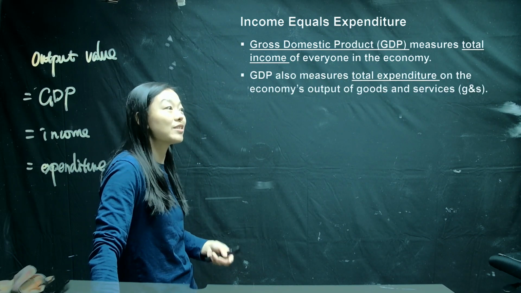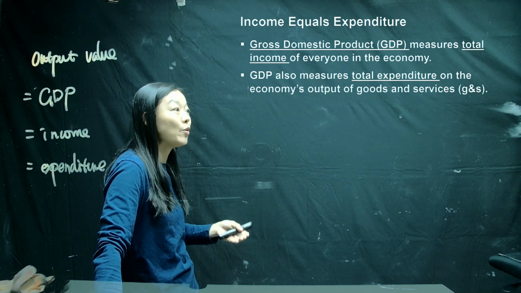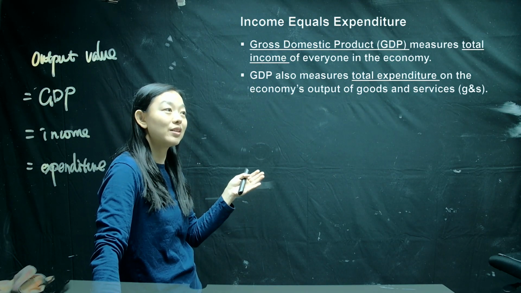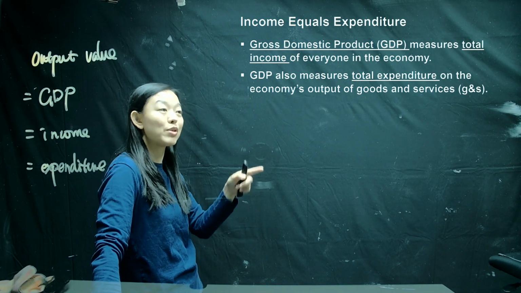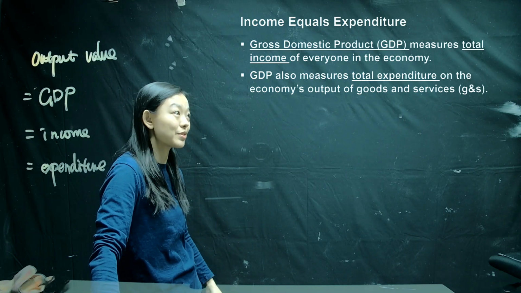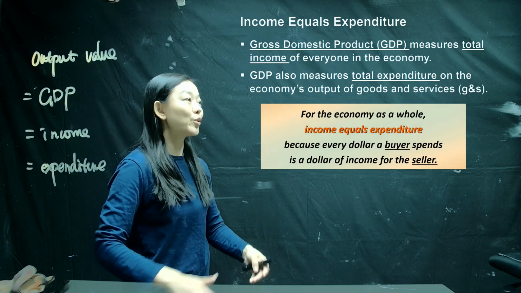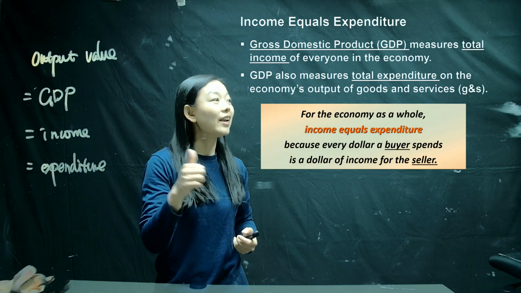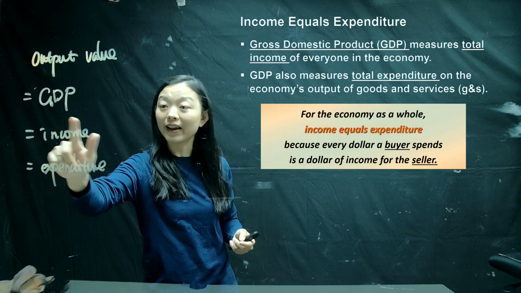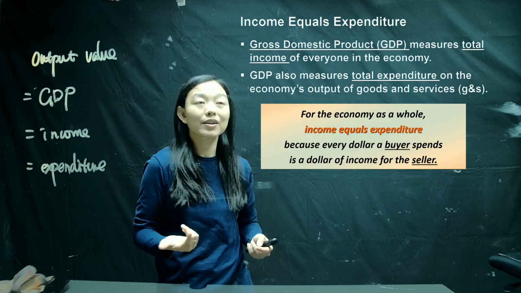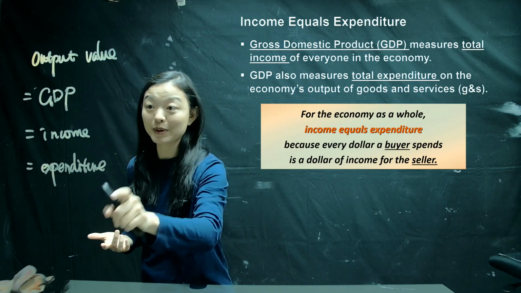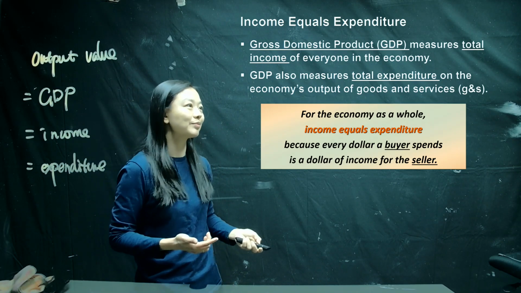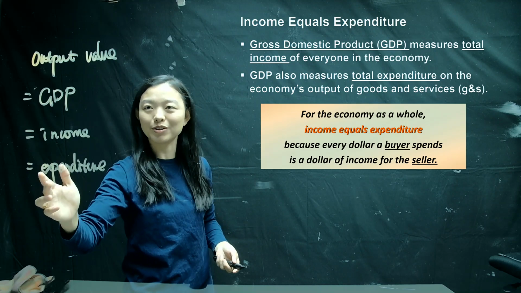GDP also measures the total expenditures on the economy's output of goods and services. You might see from the latest slides I use G and S to represent goods and services. For the economy as a whole, income will equal expenditure. Why? Because every dollar a buyer spends, which is expenditure, will become income for a seller. This is why we say income equals expenditure.